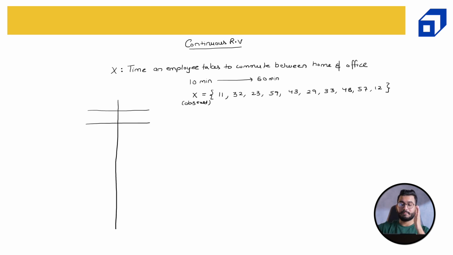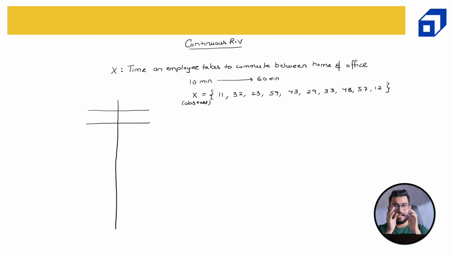If I perform this experiment for another 10 days, I can get more values. Let's say someday I took 23 minutes 2 seconds, so 23.2. Let's say someday I took 11 minutes and 5 seconds. So there are endless possibilities. So I cannot take each entry or each outcome over here as one random variable.